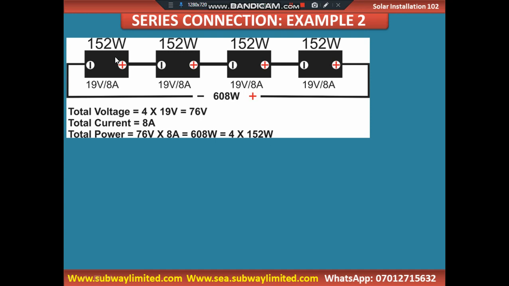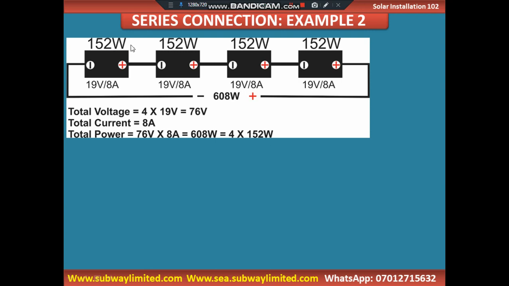Each is 152 watts and each is 19 volts, 8 amp. And by what we are discussing here, if you multiply 19 volts times 8 amp, it will give you 152 watts.